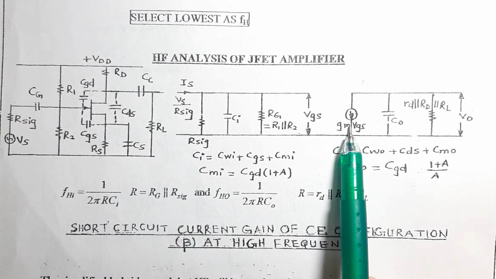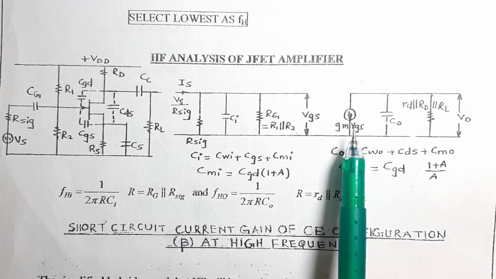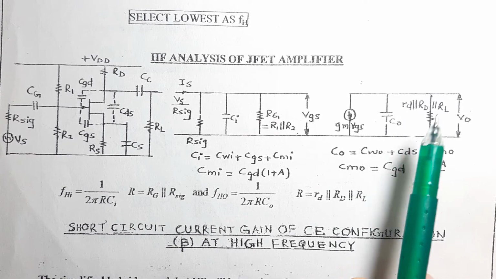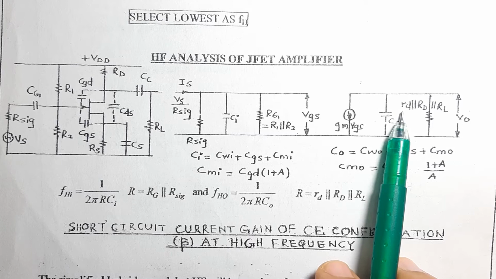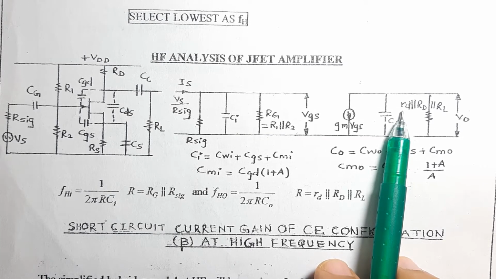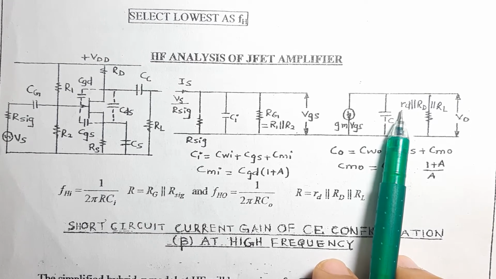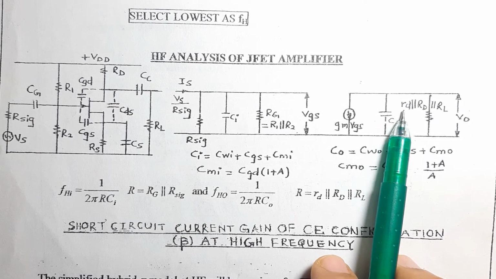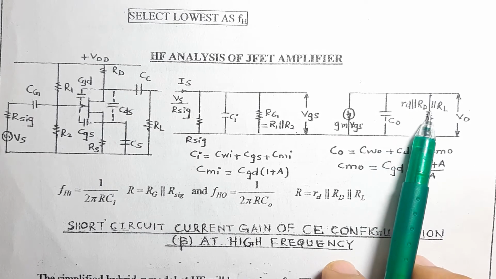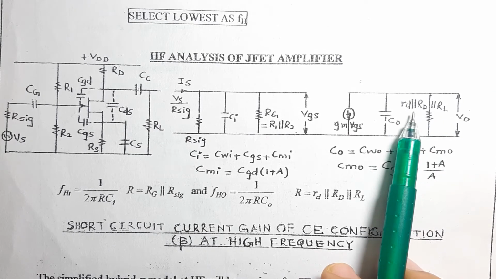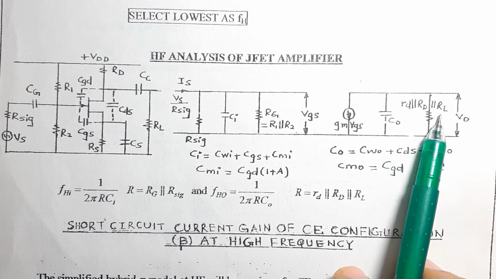Now on the output section you have your CO. Then the resistance will comprise small rd, which is the output resistance, almost a fixed value, 50k, we generally take it. If not, it will be mentioned by the examiner. This will be given as rd parallel capital RD parallel RL.